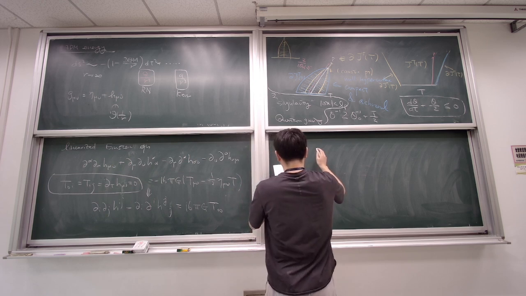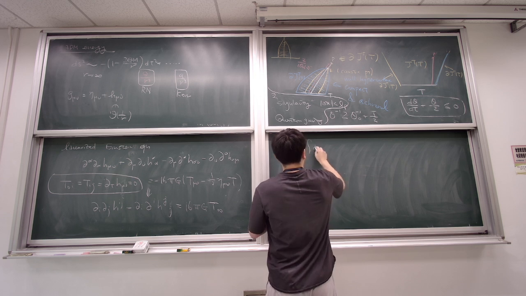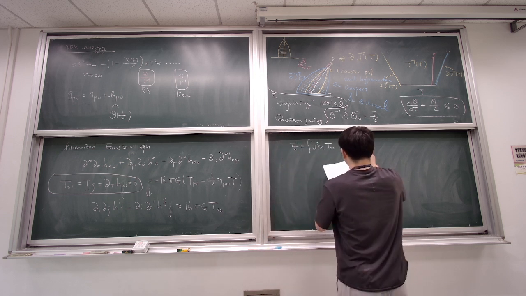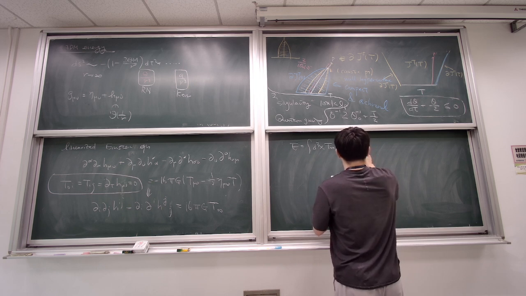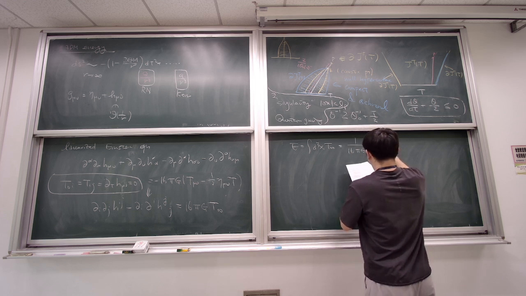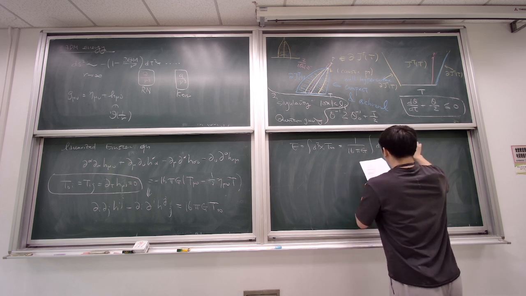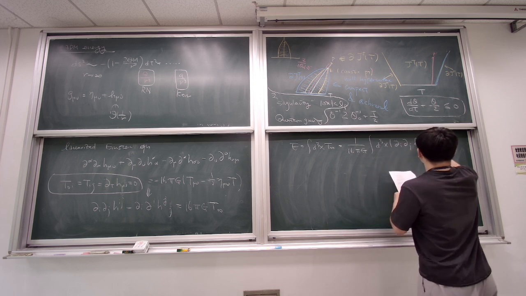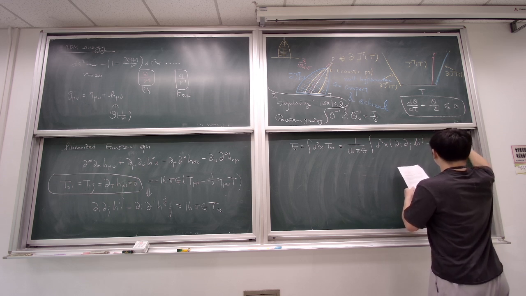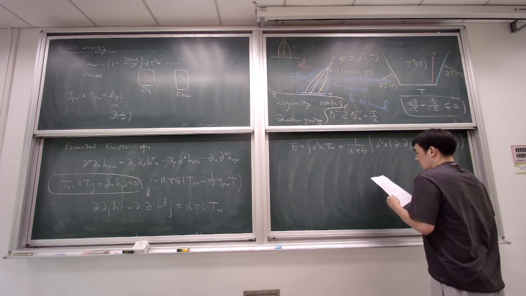Energy is equal to the integral of d cubed x T00, which is 1 over 16 pi G times the integral of d cubed x of del i del j h ij minus del i del i h jj.